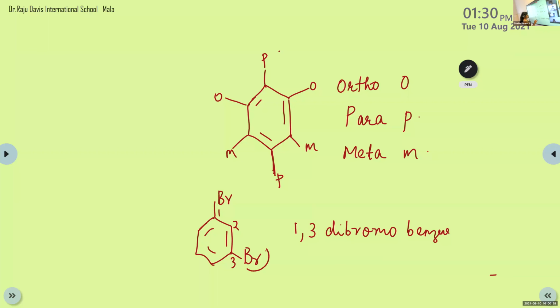And what is this position? Meta position, right? So it is also known as meta dibromo benzene. Compared to the first position, there is one substituent in third position. That is known as meta dibromo benzene.